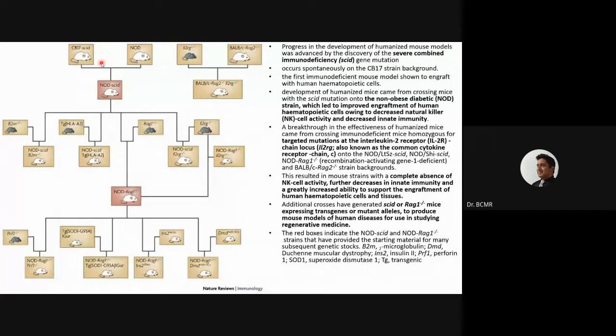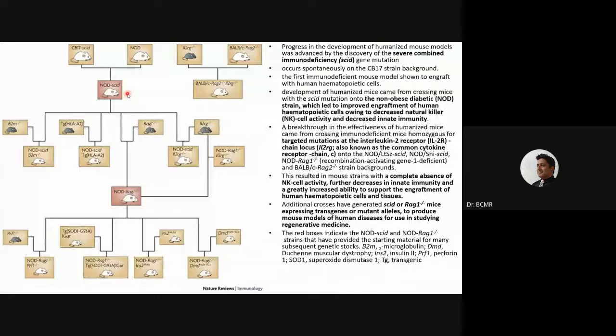And there are also other forms like NOD, the non-obese diabetic, which also has some immune deficiencies. So they made a cross between them and generated mice with NOD as well as SCID.